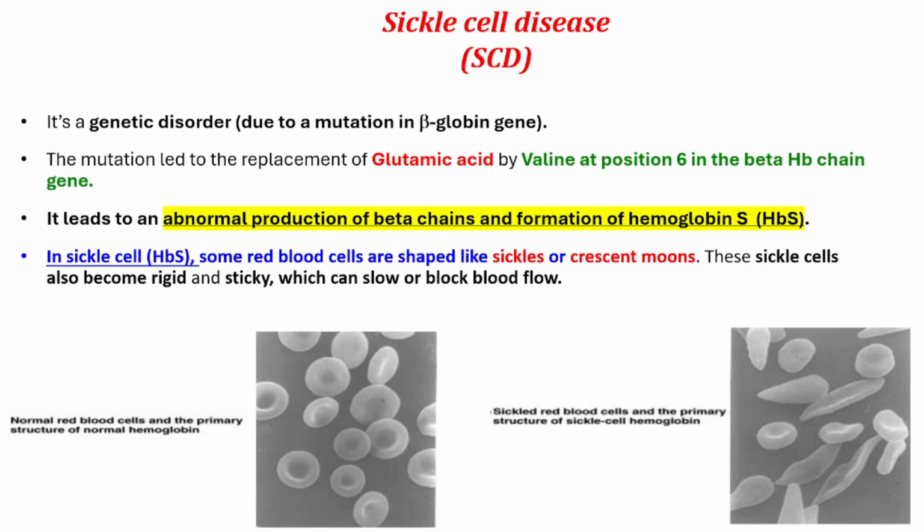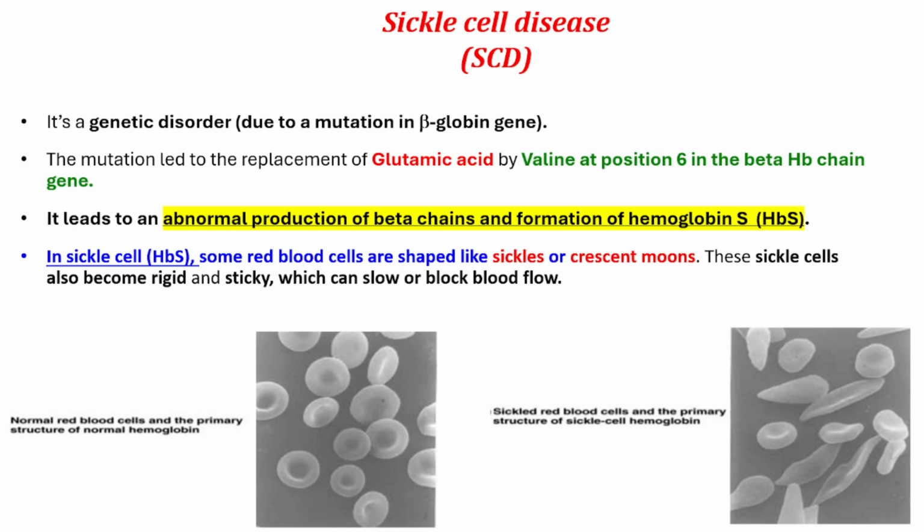It has a mutation in the 6th codon, which leads, when we do the translation, to glutamic acid being replaced by valine.